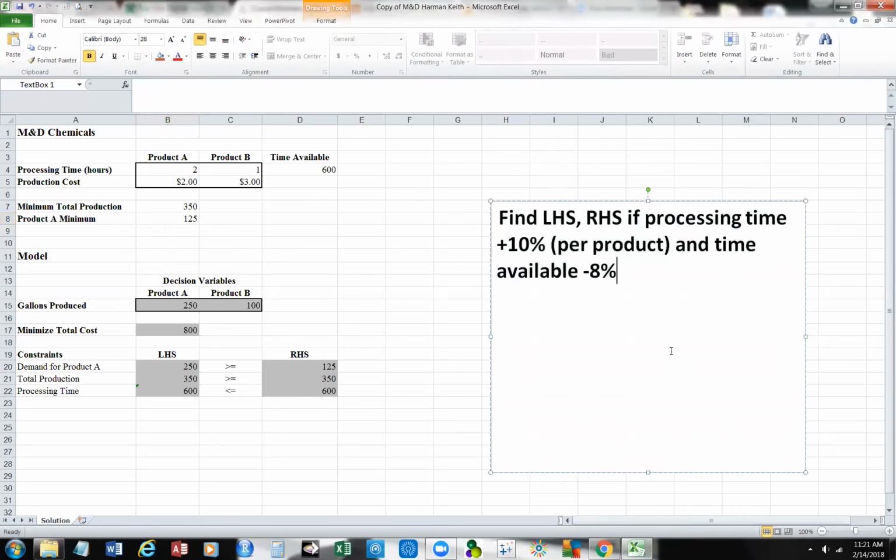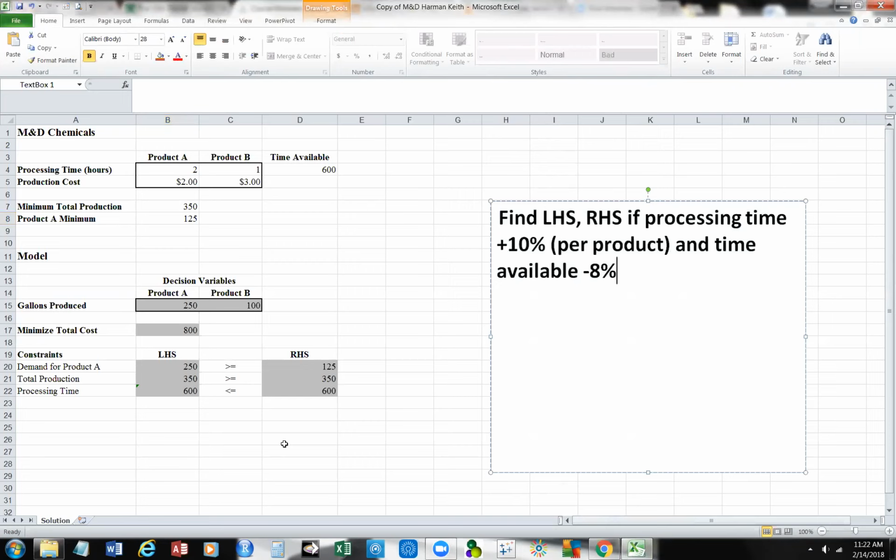Now, find the left-hand side and the right-hand side if processing time increases 10% per product, and the time available goes down 8%. So let's look at this for a moment. The left-hand side and the right-hand side show us basically the constraints. And all I can tell you is you're looking at basically these components of the linear algebra that underlies this, or the simplex method.